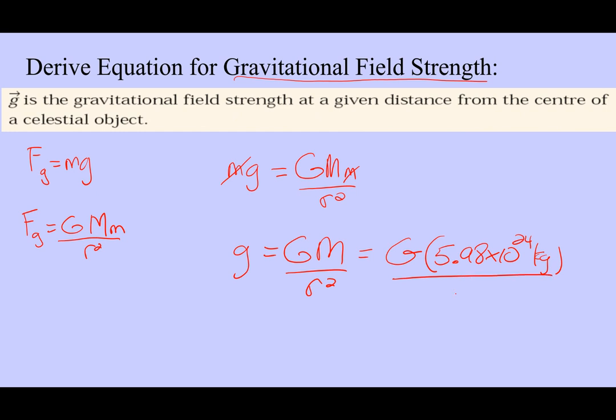And the radius of the Earth is 6.38 times 10 to the 6 meters, and we're going to square that. Now, if we type that data in, we should get about 9.8 newtons per kilogram or meters per second squared, because that's the gravitational field strength on the surface of the Earth.